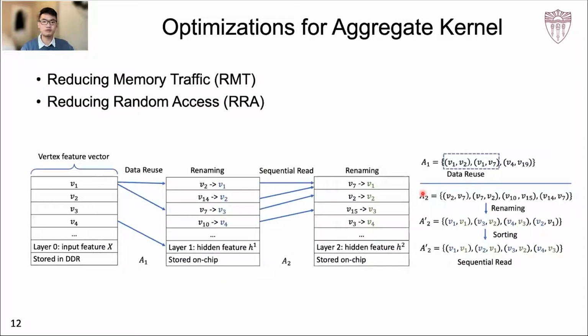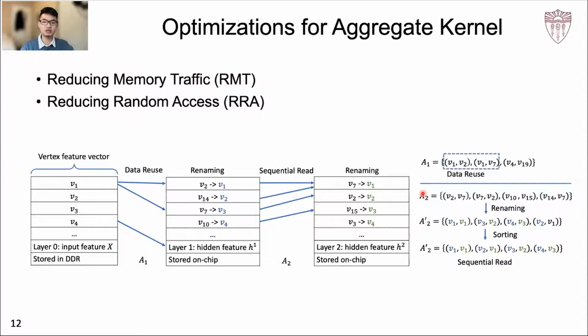We also apply several optimizations for the aggregate kernel. As I mentioned before, feature aggregate is usually very communication intensive. In fact, aggregate is one of the most time-consuming steps in GNN computations. Our first optimization is reducing memory traffic in the first GNN layer, which needs to fetch features from the memory.